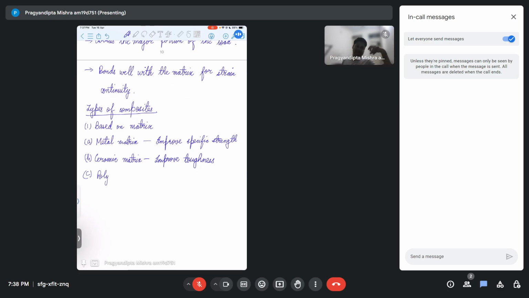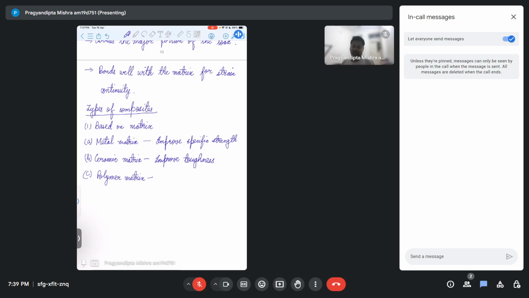You will have reinforcement present discontinuously within the structure. So if you have one structure, you can have reinforcement at some points, or you can have continuous layers of reinforcement. Okay, so it could be continuous or discontinuous.